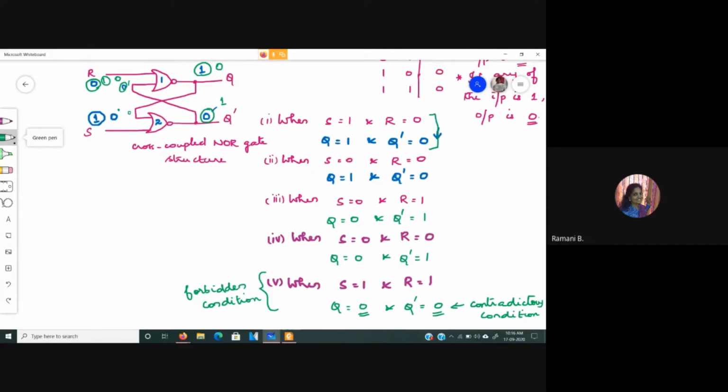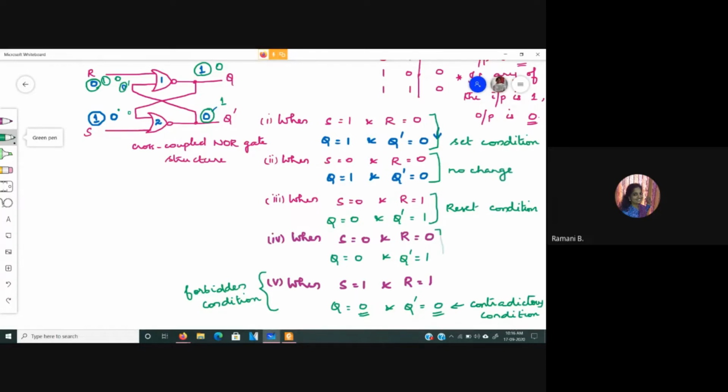This condition we call the set condition. The S represents the set condition. And S is equal to 0 and R is equal to 1, we call the reset condition. And when both S and R are equal to 0, we call it the no change condition.